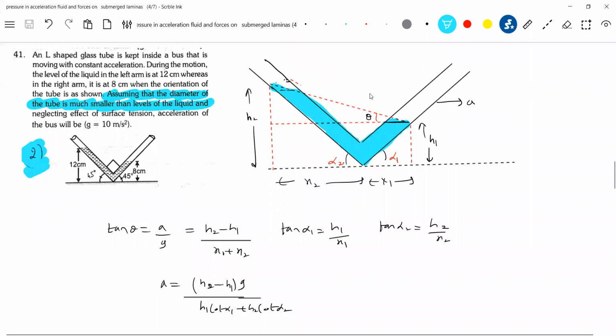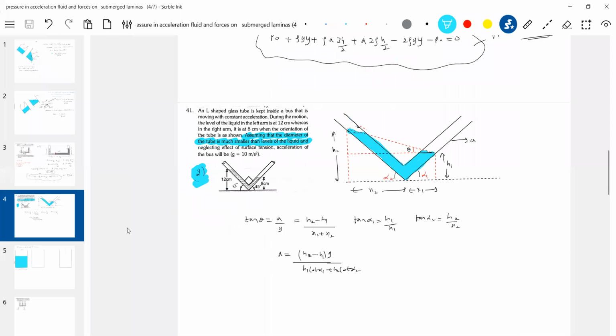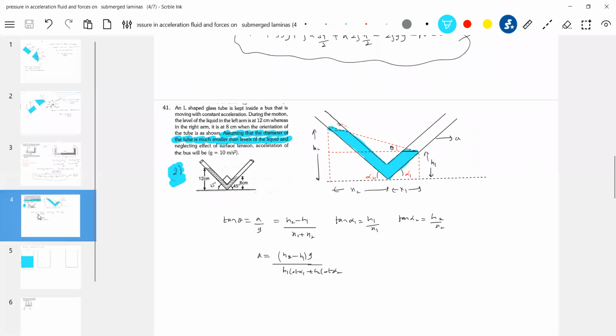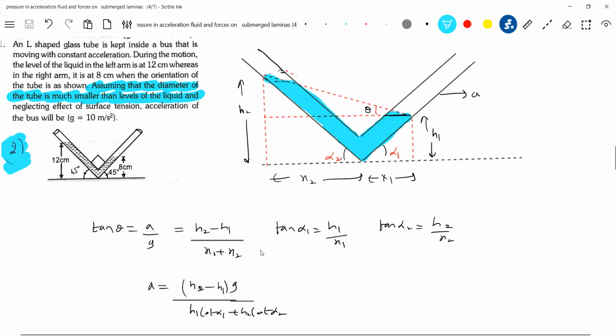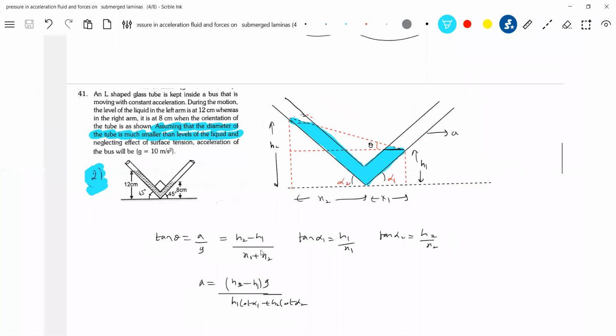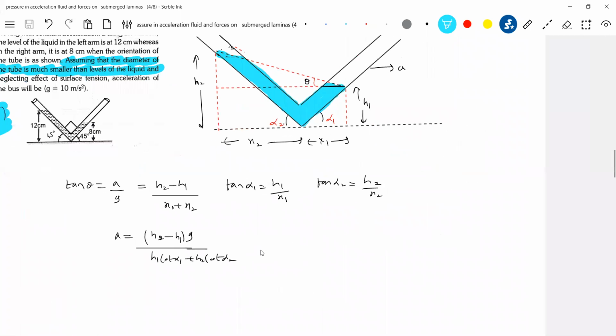Okay, now a few more are there. If the diameter is not too small, you are supposed to analyze. You should take help of geometry and you should conclude.